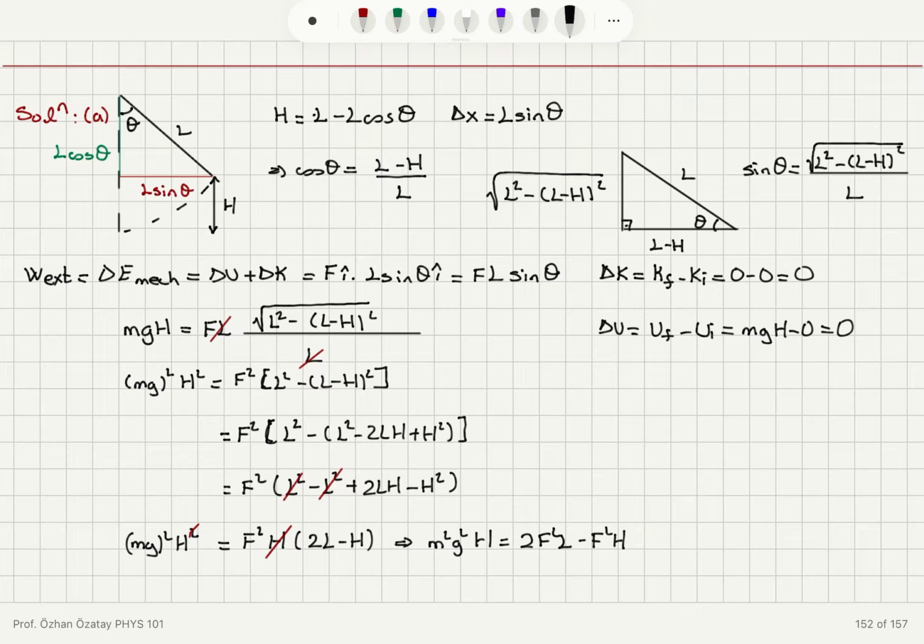So I can put this in h parentheses: h times (m squared g squared plus F squared) is equal to 2F squared L. So my answer for h as a function of F is, if I divide both sides by F squared, h equals 2L divided by 1 plus (mg over F) squared.